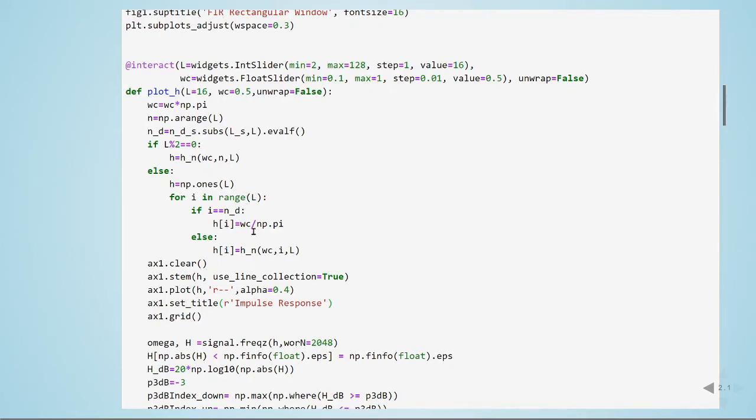So we have this value for when n is equal to the delay.